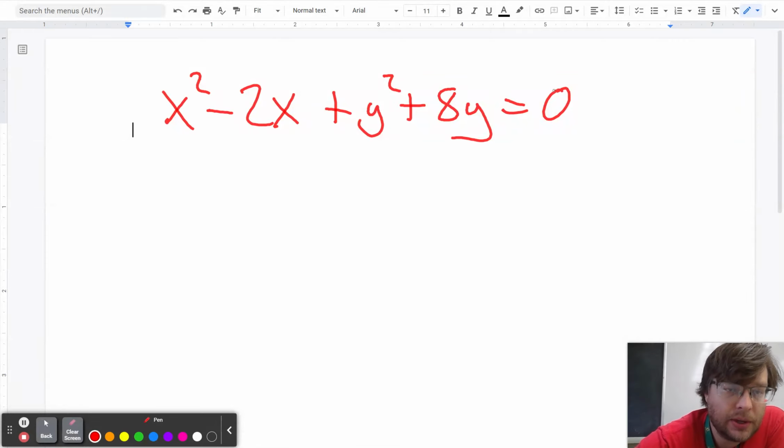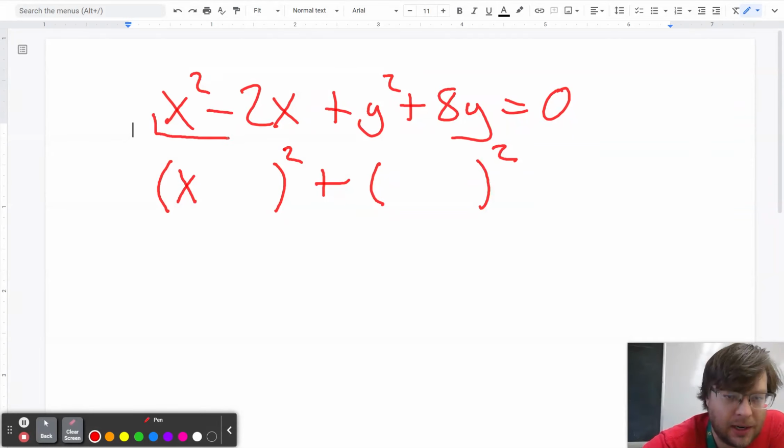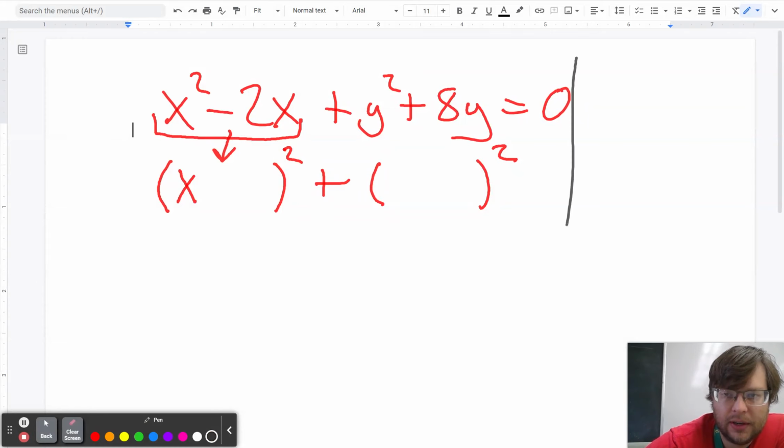So what you have to do here is complete the square. So remember, I had it in an x minus something squared and a y minus something squared form. So what I want to think about is, how can I change x squared minus 2x into something that looks like this? And I'm going to do a quick little tangent over here.